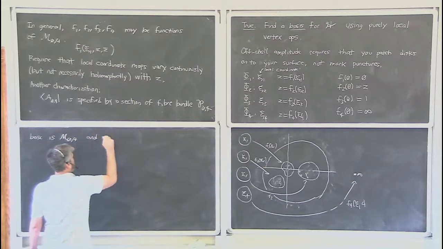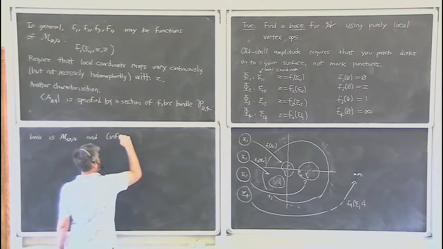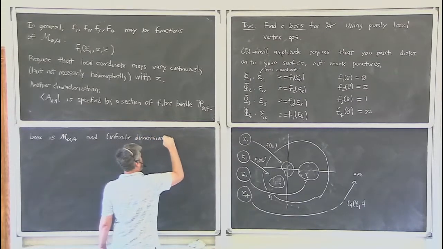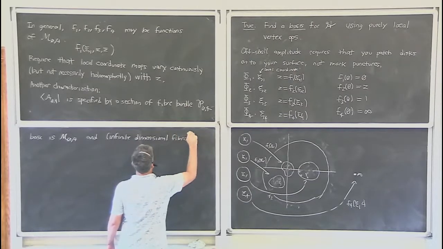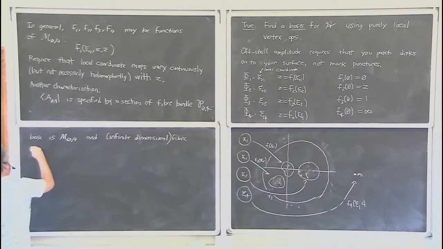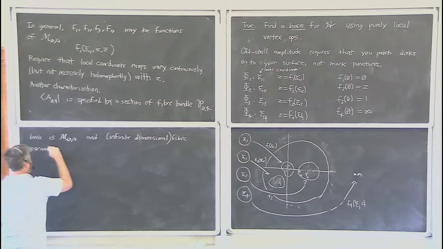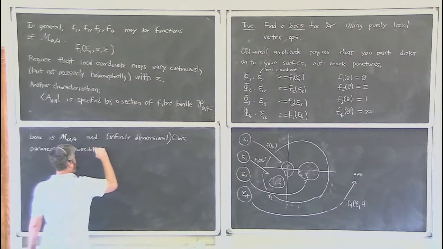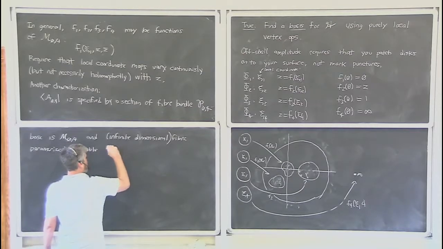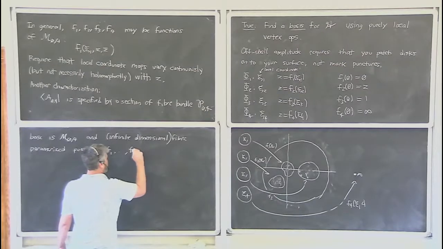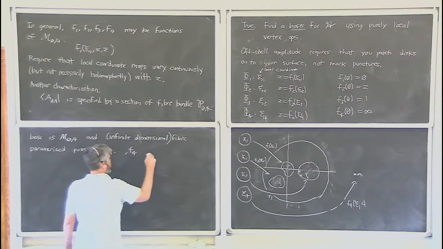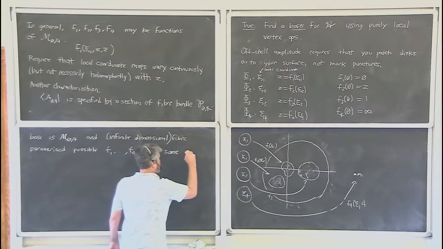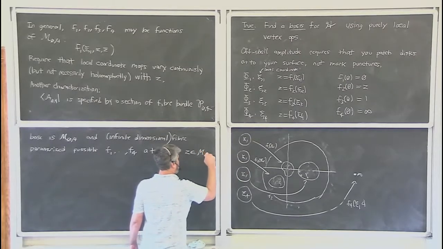And the fiber, the infinite dimensional fiber, parameterizes possible choices of our local coordinate maps at some point on the base.